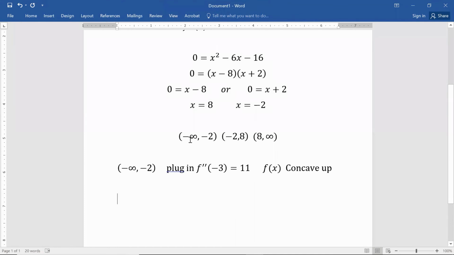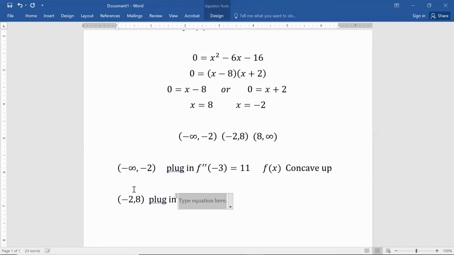Then I go to my next interval from -2 up to 8. We're going to plug in a value in between -2 and 8. It doesn't matter which one you pick. One of the easiest things to plug in is 0.